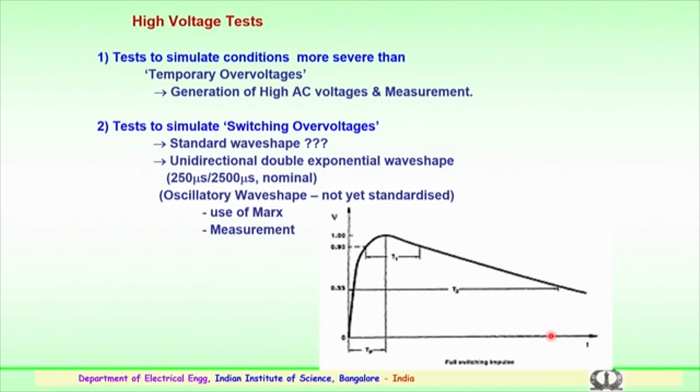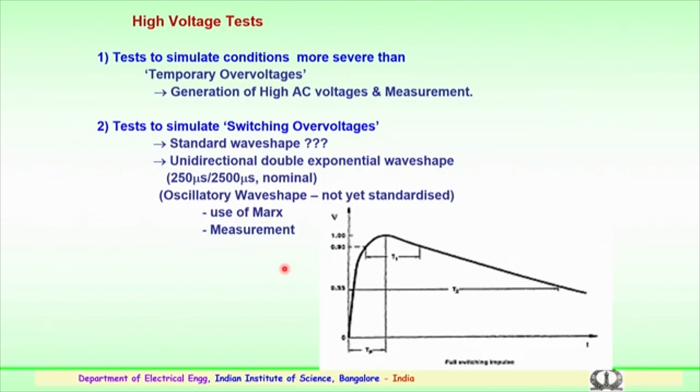Sometimes oscillatory type of wave shapes are also employed. These are not yet standardized. All these switching, lightning or oscillatory type of waveforms can be generated by using a Marx generator. Generally, in a Marx generator a set of capacitors are charged in parallel and discharged in series.